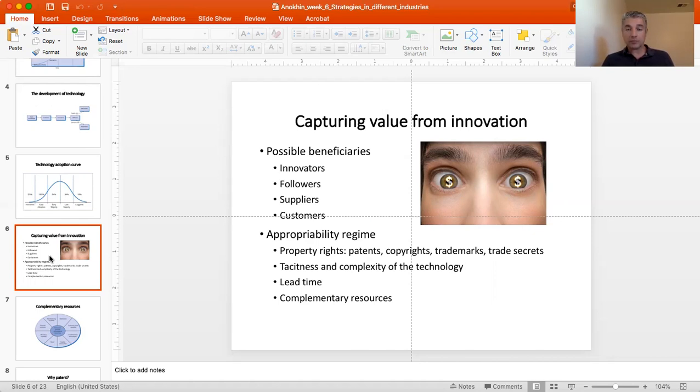The one that is probably easiest to grasp is property rights, right? The extent to which property rights are protected. And this includes things like patents, copyrights, trademarks, and trade secrets. Patents, obviously, grant you a temporary monopoly to exploit a specific technological design.